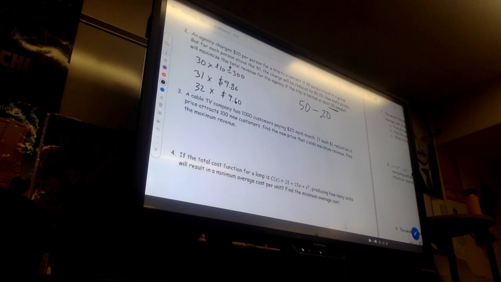Shoot. All right, I think it's done this way. So you have kind of two revenue equations.